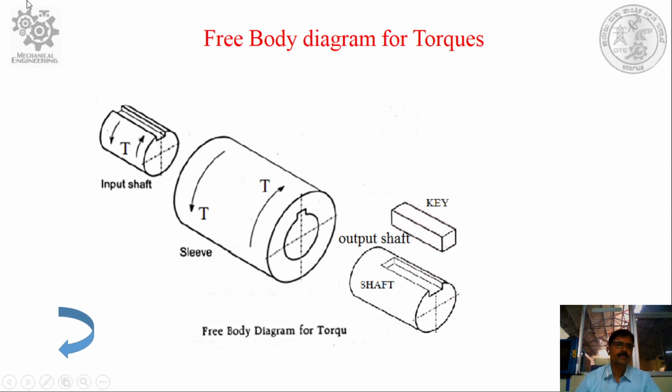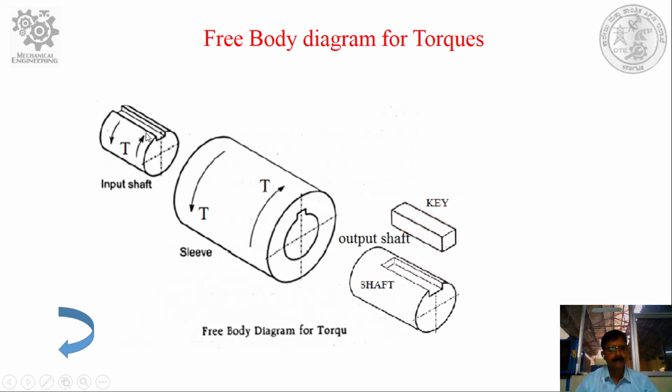Now this is the input shaft, we are going to transmit the torque here, and this arrow mark shows that there is a reaction, the torque is generated inside the shaft. With the help of this we are going to calculate the diameter of the shaft. The torque transmitted is equal to 9.55 times 10 to the power of 6 into P divided by N. This is the torque we are going to generate.